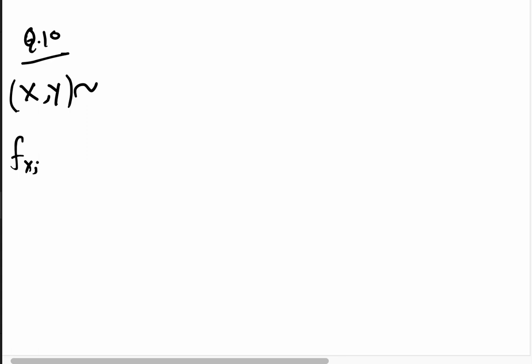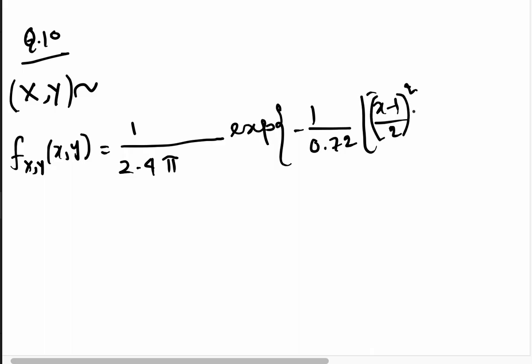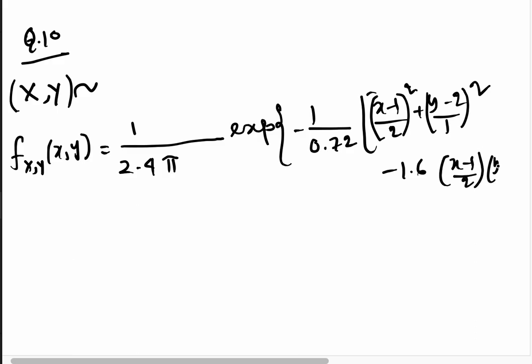f of xy is 1 by 2.4 pi exponential of minus 1 by 0.72, x minus 1 by 2 its square plus y minus 2 by 1 its square minus 1.6 x minus 1 by 2, 1 minus 2 by 1.